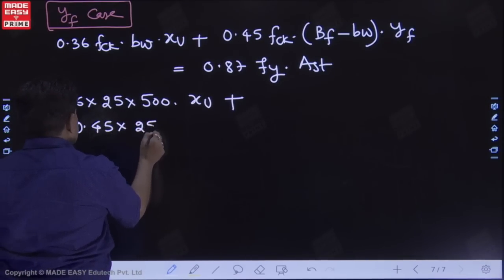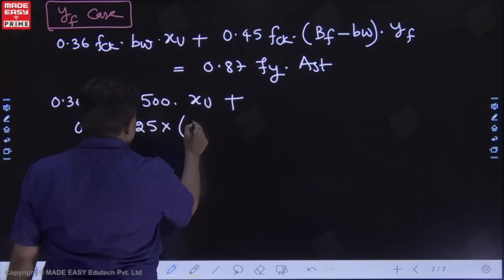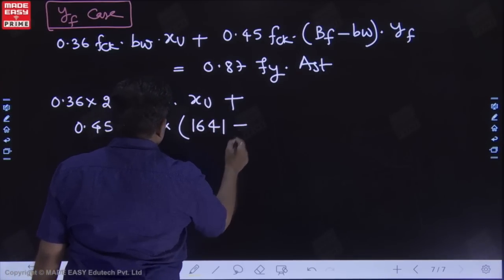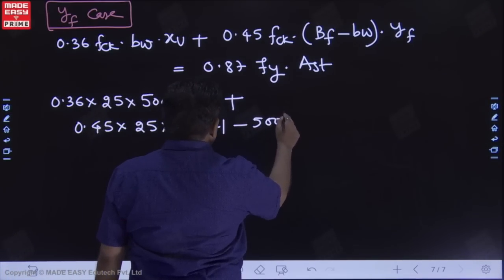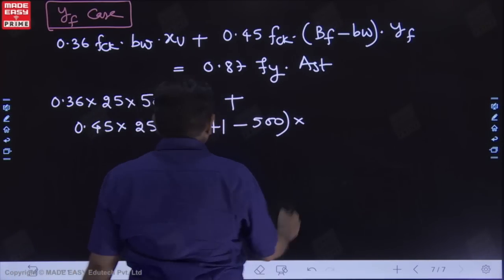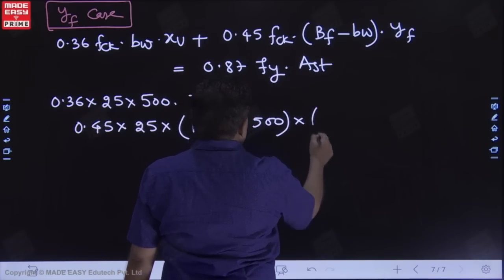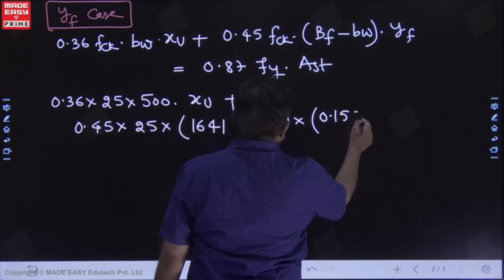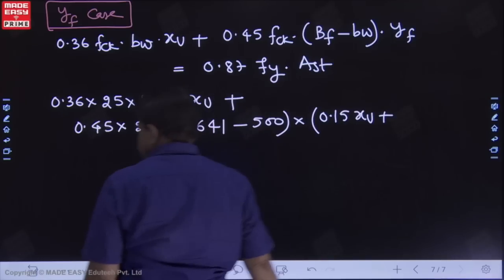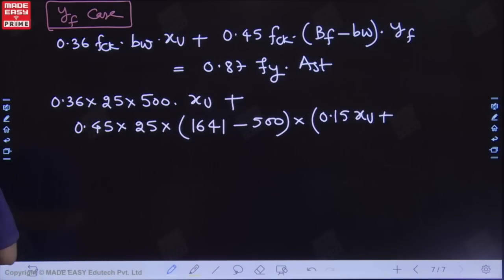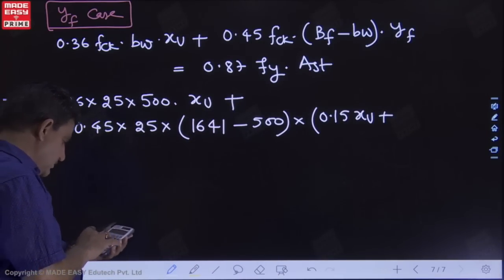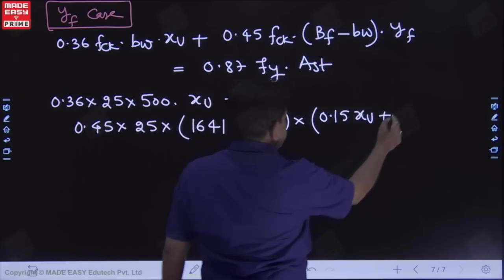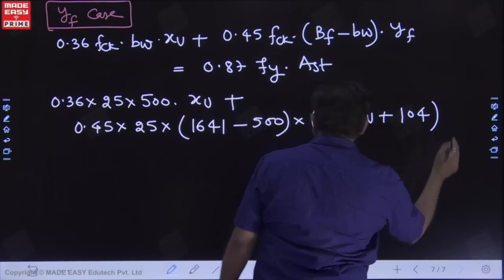let me write in the second line, 0.45 into 25 into BF is 1641 minus 500 into YF, where the YF value is 0.15 into XU plus 0.65 DF. 0.65 into DF is 160, we can write it as 104 mm.